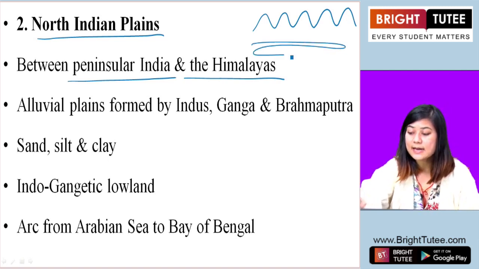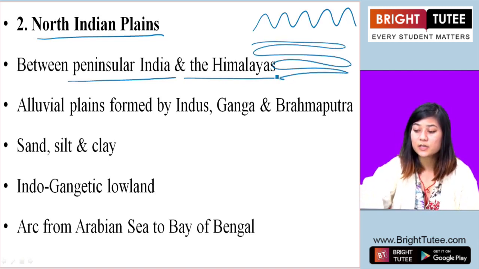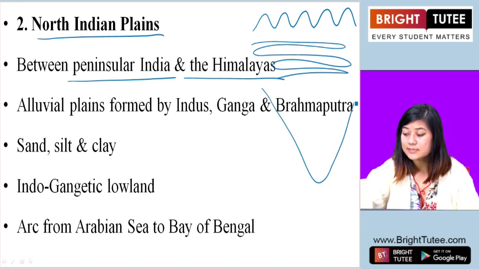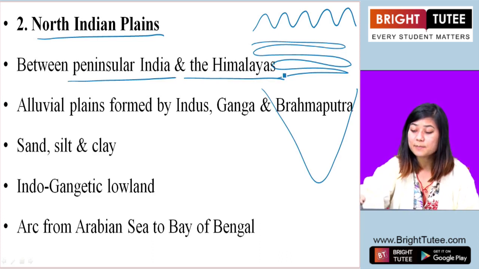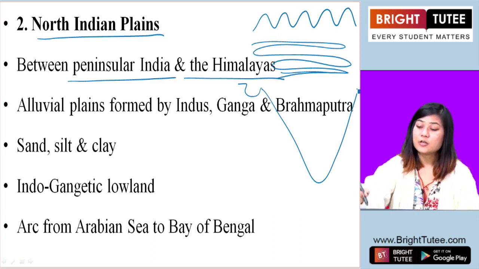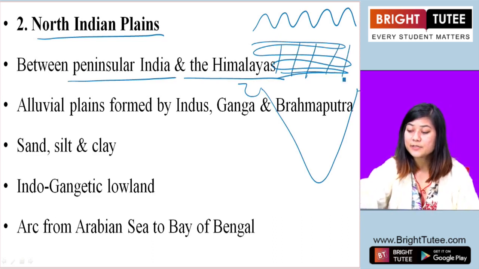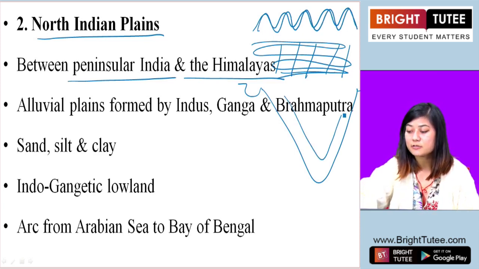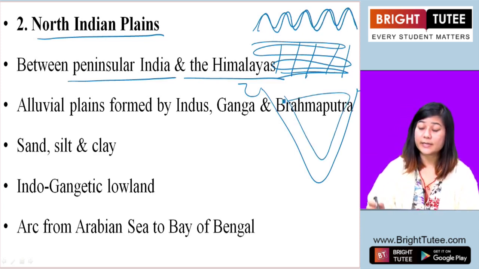The plains lie in the south of the Himalayas, and then in the south of that plains lie the peninsular India. So the plains lie between the mountains, the Himalayas, and the peninsular India.